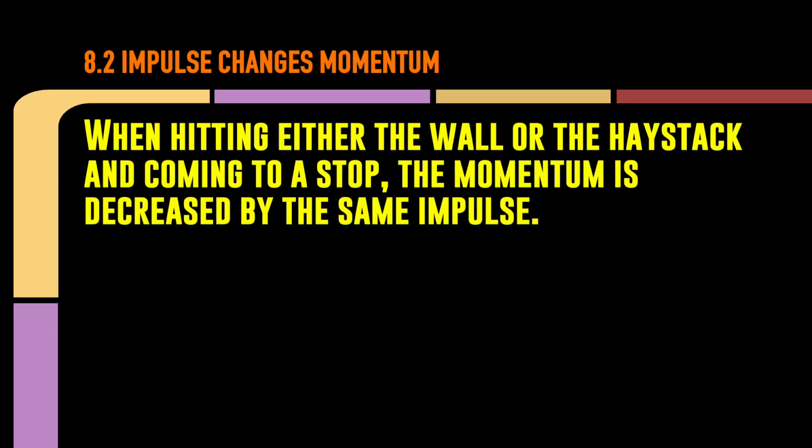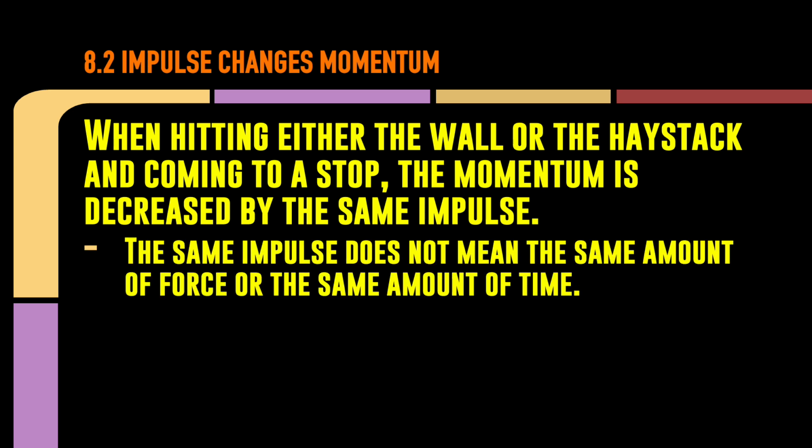So when you hit either, you're still going to come to a stop. Whether you're hitting the haystack or you're hitting the wall, you both come to a stop, and the momentum is decreased by the same impulse. But what that doesn't mean is the same amount of time or the same amount of force. Once again, if the force is big, the time is small. If the time is big, the force is small.